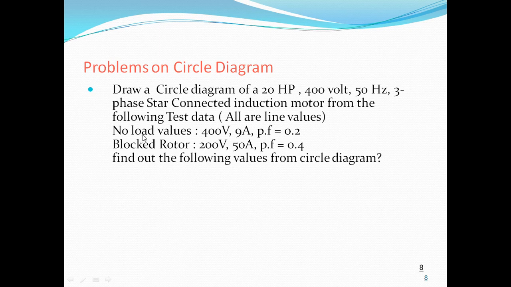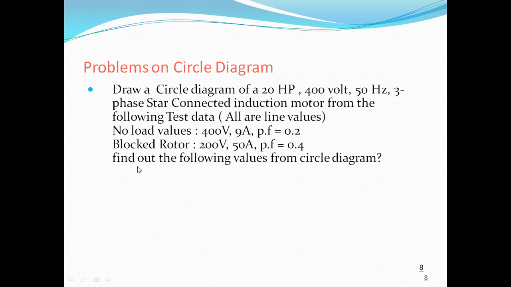He has given the no load test: voltmeter reading 400 volts, current 9 amps, and power factor 0.2. And the blocked rotor test: voltage 200 volts, current 50 amps, and power factor 0.4.